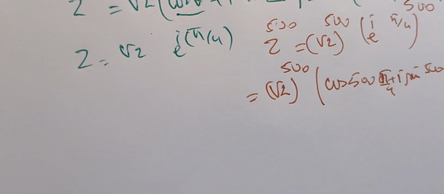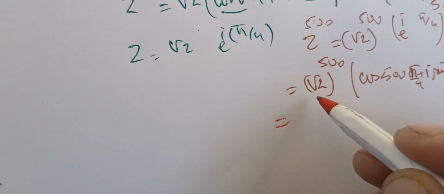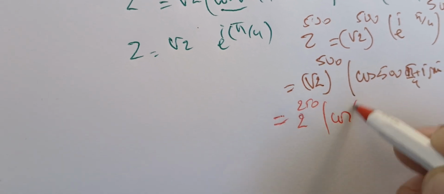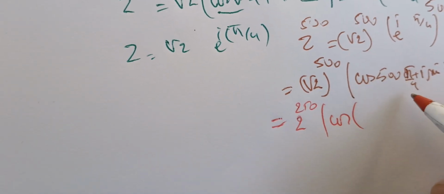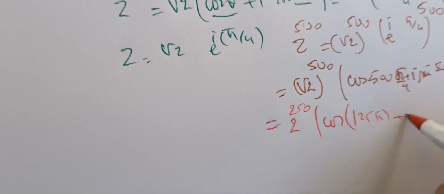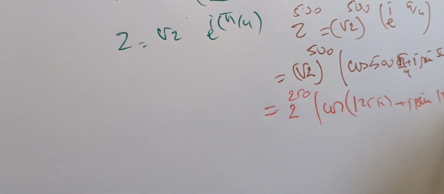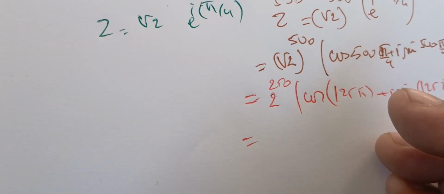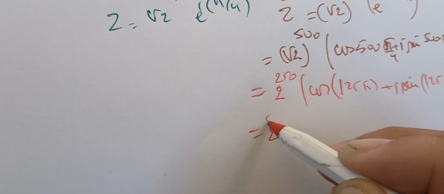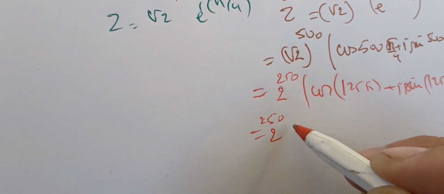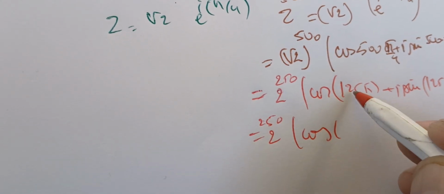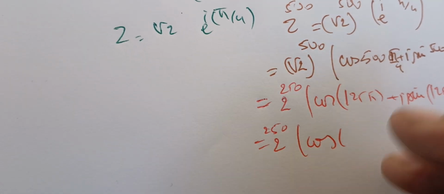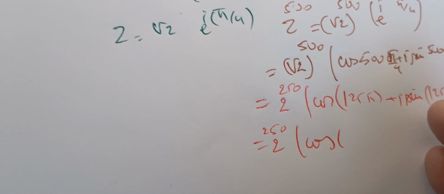What's the square root of 2 raised to 500? It's 2 raised to 250 times cosine of 500 times pi over 4, that's 125 pi, plus i sine 125 pi. Now, using the fact that cosine is 2 pi periodic, this gives me 2 to the power 250 cosine of 124 pi plus pi. 124 is 2 times 62.